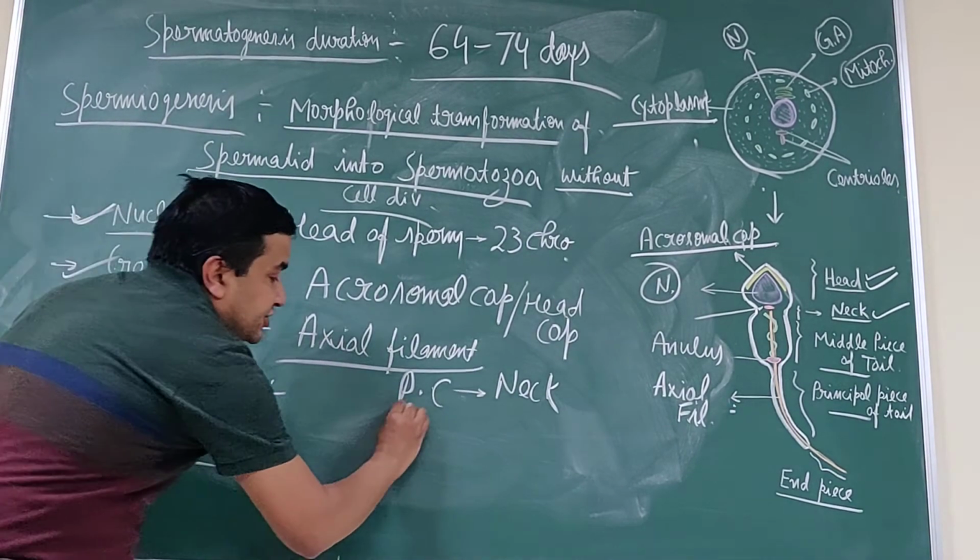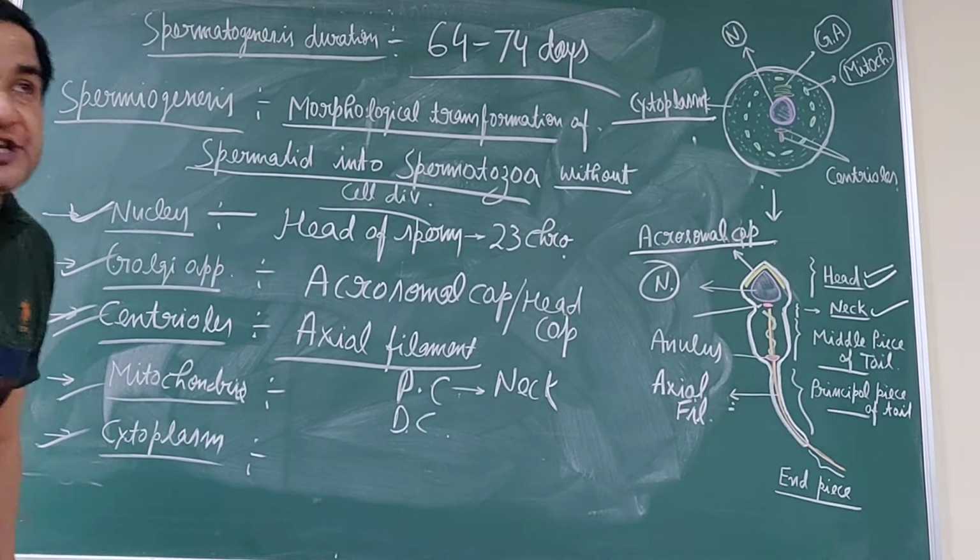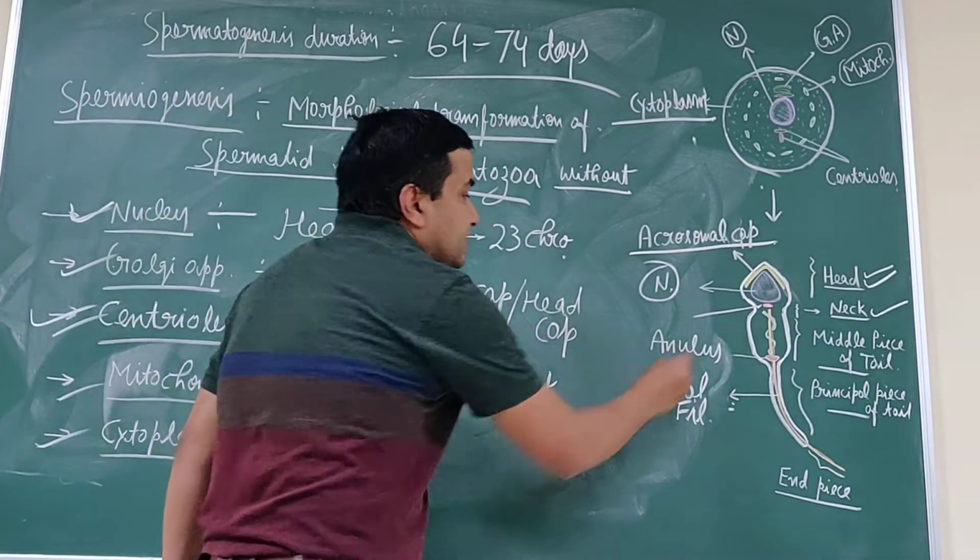While the distal centriole changes into a ring-shaped structure, that is the annulus.